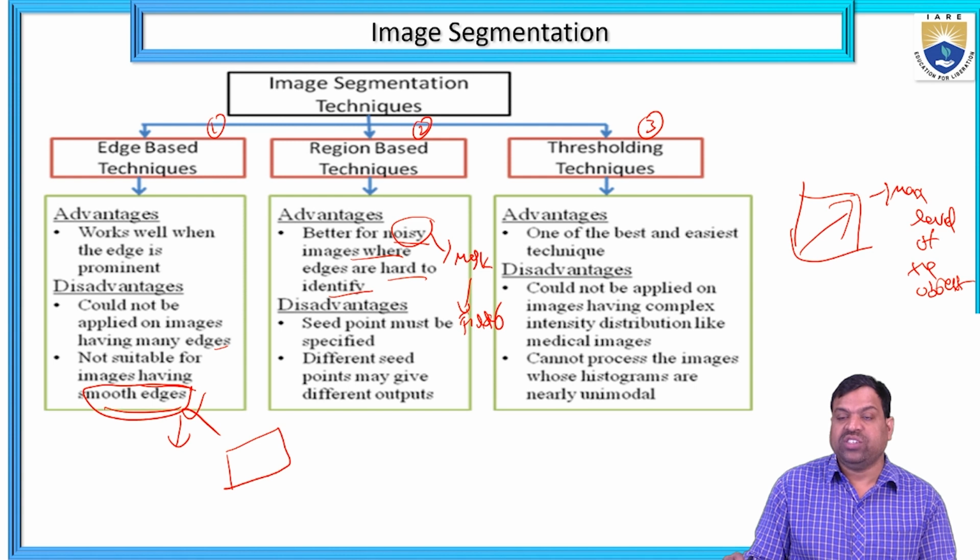It is the best and easiest technique. The disadvantages: it could not be applied on images having complex intensity distributions like medical images, and it cannot process images whose histograms are nearly unimodal.